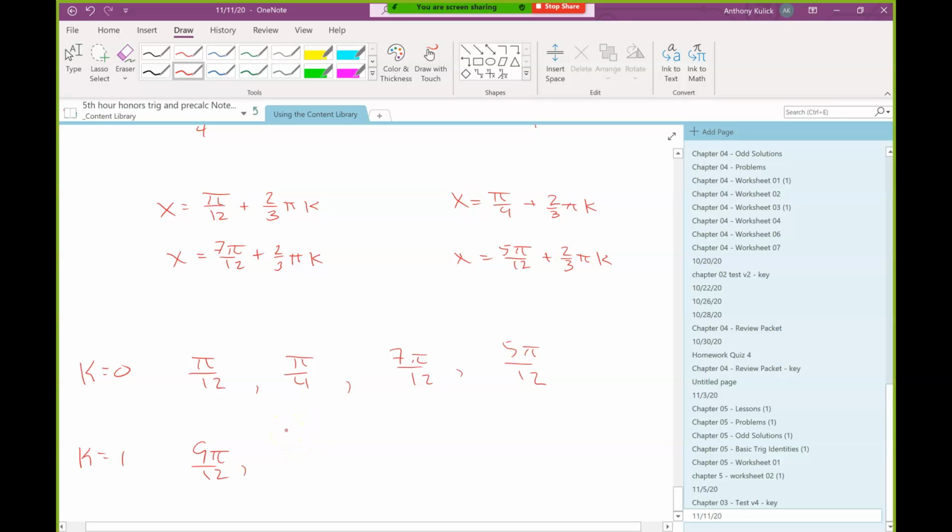This one becomes, let's leave that as a 12, easier to deal with that way. So that's 11 pi over 12, and that's going to be 15 pi over 12. We'll reduce all at the end, and then that'll be 13 pi over 12.